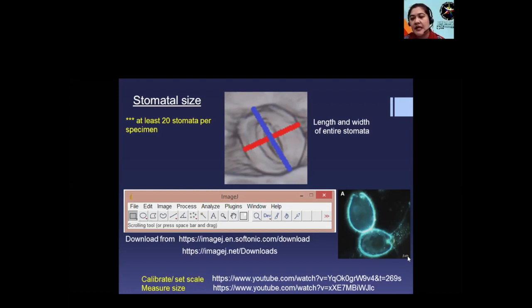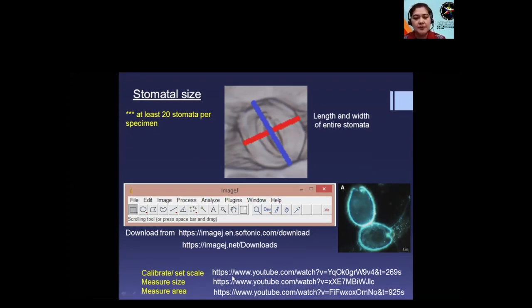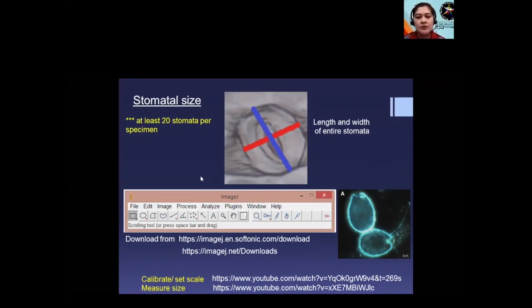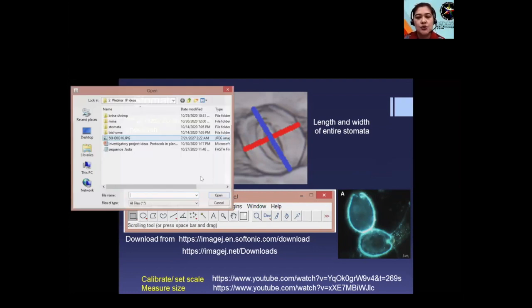Okay? Ire-record na niya yan kung ilang pixels ang equivalent sa 5 micrometers. Ganun po kagaling si Image J. Okay? And then, after which, pwede na po tayong mag-load ng ating picture.